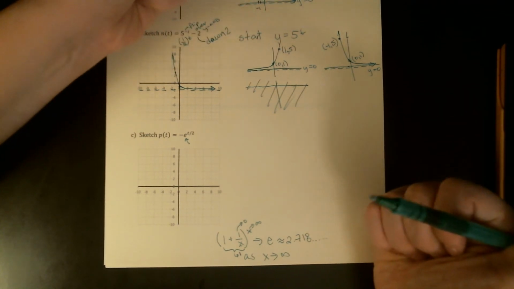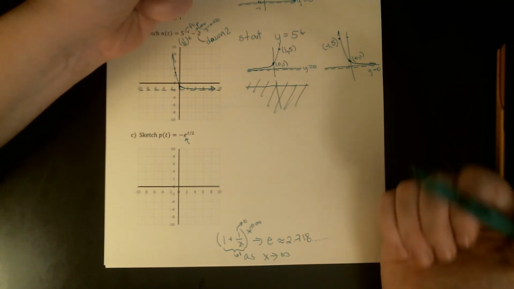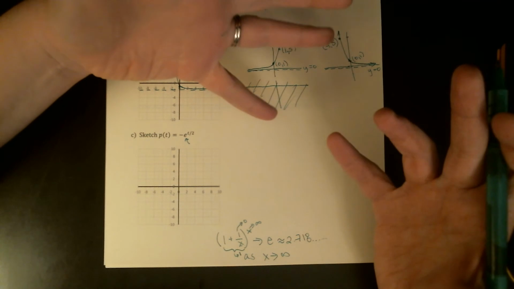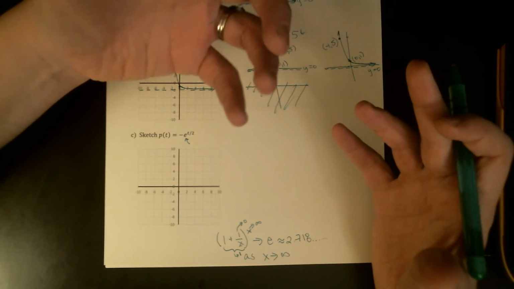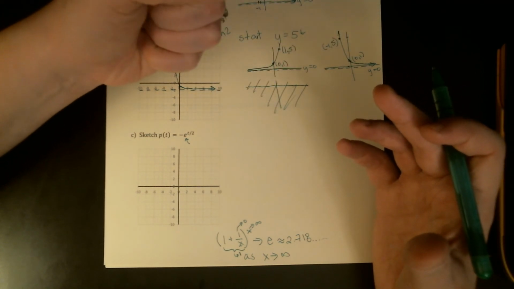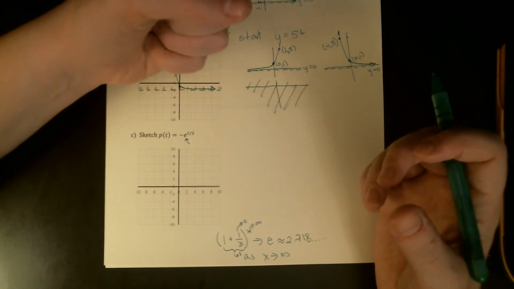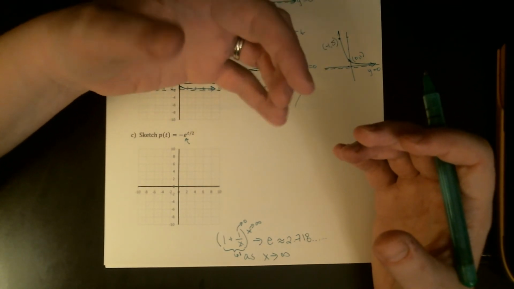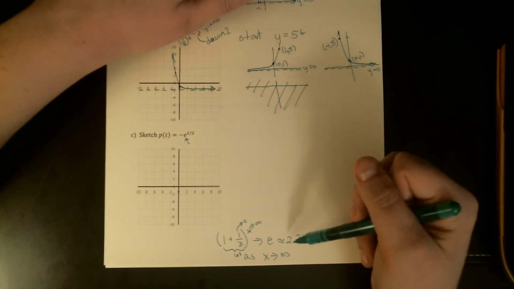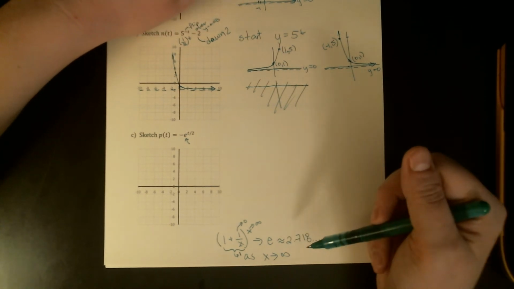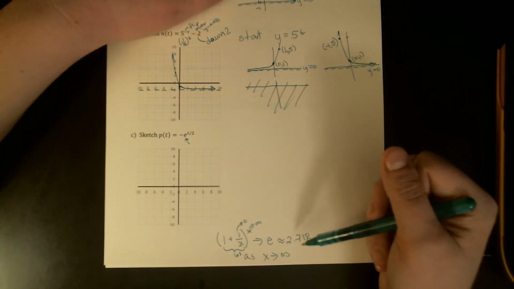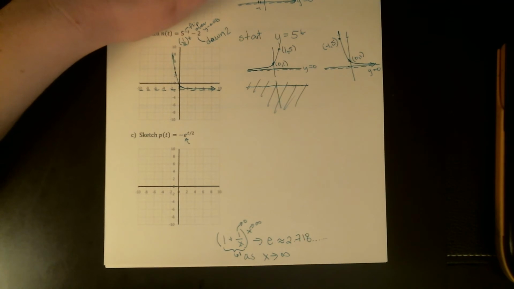So there's this weird tug of war that happens where huge powers make your numbers blow up and get massive, but a base of 1 makes your number not grow at all when you raise it to powers. And it turns out that neither one wins. They kind of tie in the middle, maybe one wins a little bit more since we're not that far off from 1. But we get this nice decimal, a non-terminating, non-repeating decimal, an irrational number.